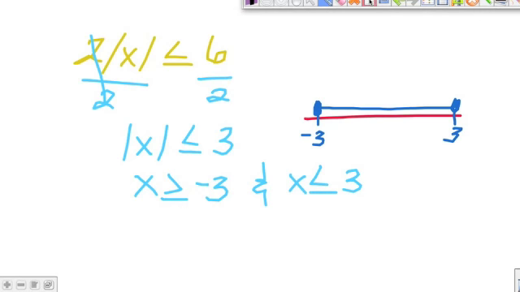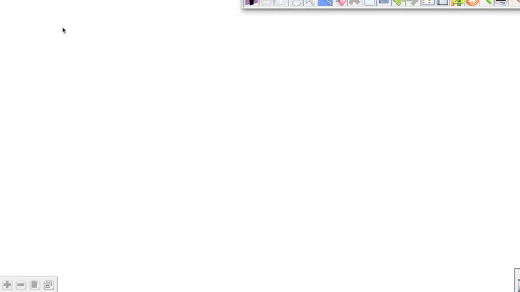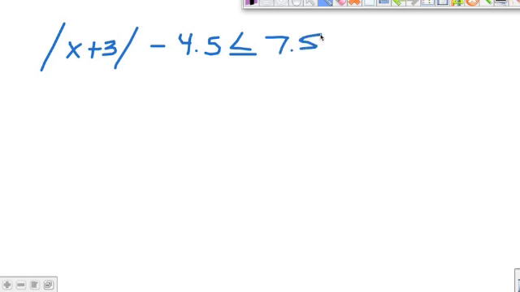All right, let's try another one. The absolute value of x plus 3 minus 4.5 is less than or equal to 7.5. All right, first thing we're going to do is add 4.5 to each side.